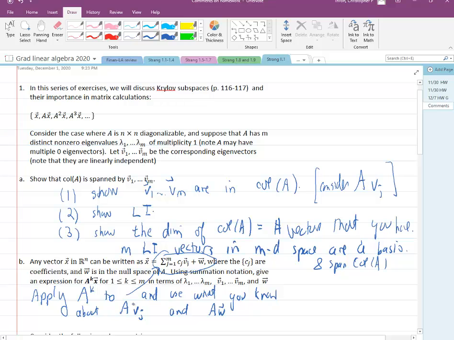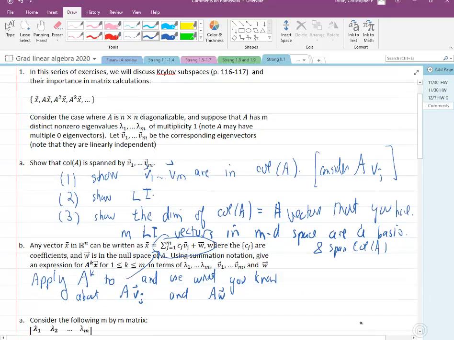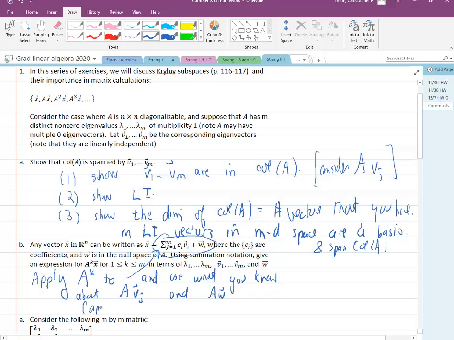Now A to the k is just applying A repeatedly. So if you know what A does to Vj, then A to the k is just going to do that k times. If you know what A does to W, then A to the k is just going to do that k times.